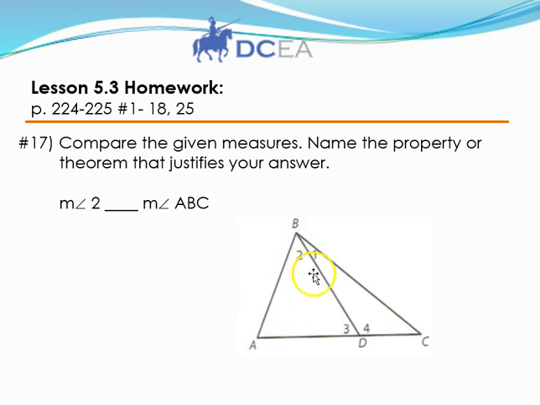So ABC is part of this larger angle of the triangle, and the measure of angle 2 is one piece of that larger angle. So the measure of angle 2 would have to be less than the measure of angle ABC. And what did we do to find this? Which theorem? It's the comparison theorem.